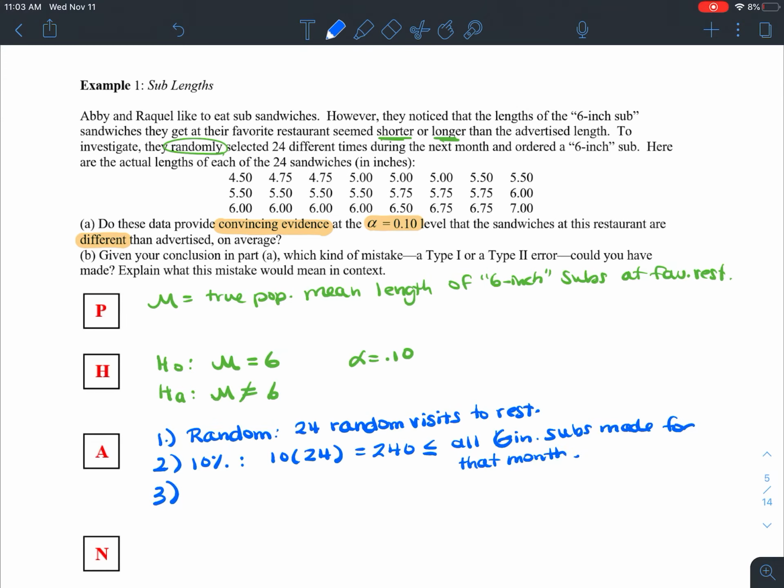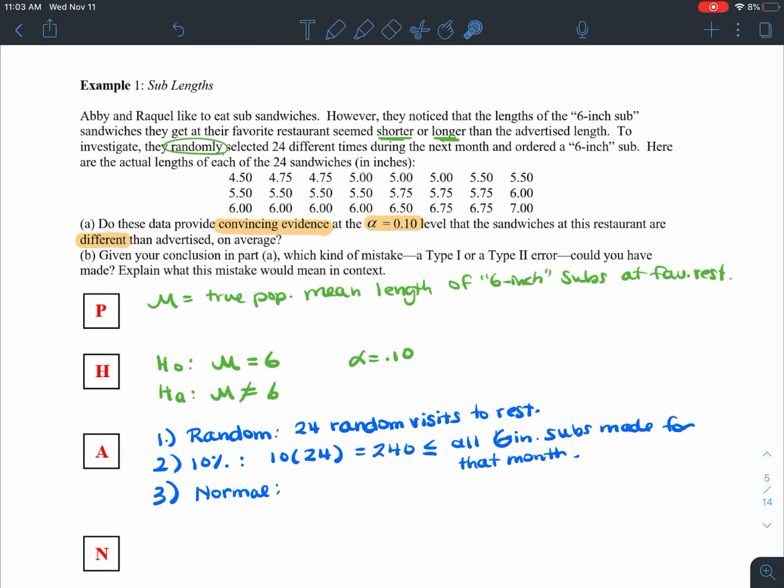And then our third condition would be for normality, to show that the shape is normal here. It doesn't mention that the population distribution is normal. I'm looking at my sample size, that's not 30 or greater, so what we would have to do, I'm just going to talk you through this because I know that we've made box plots before on the calculator.